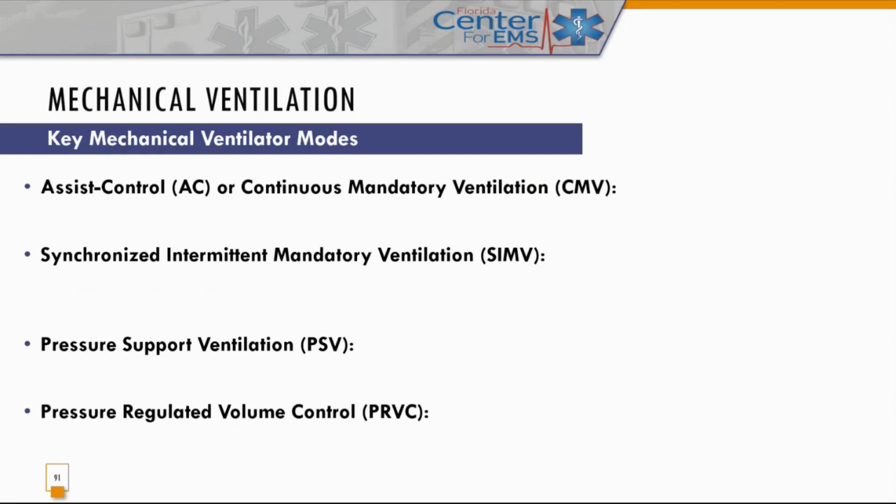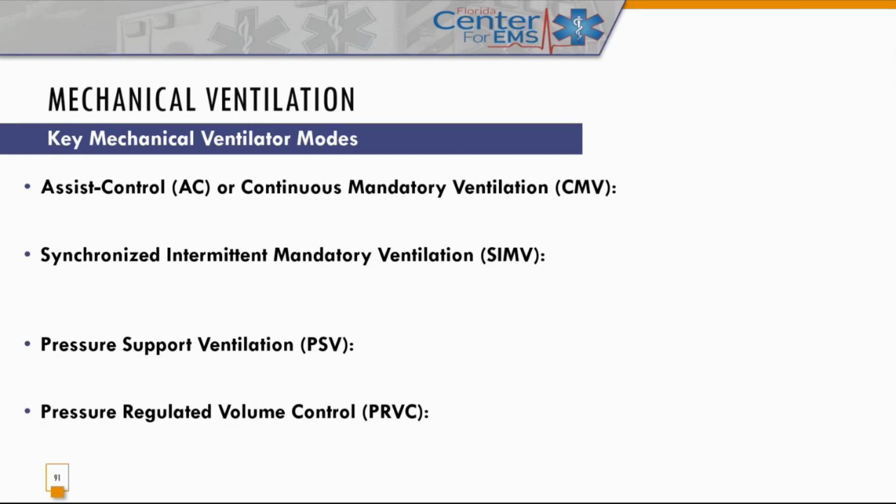These are just some of the different modes. Again, there could be whole courses on this, but assist control is generally where the ventilator is running everything. Synchronized intermittent means the ventilator is going to give a number of breaths, and if the patient wants to add more breaths in, they can.